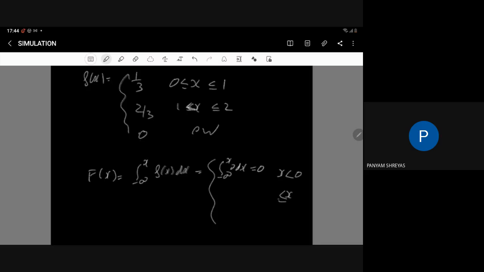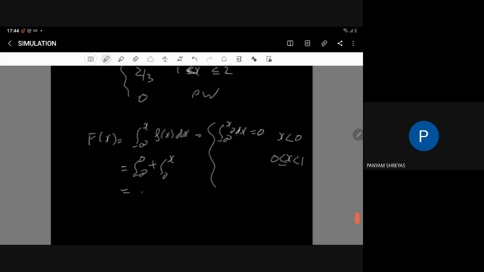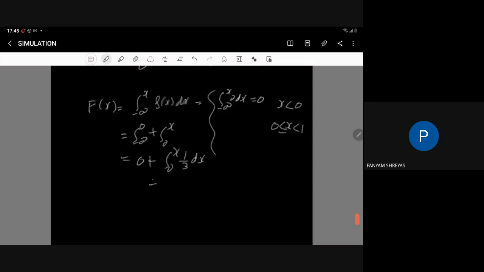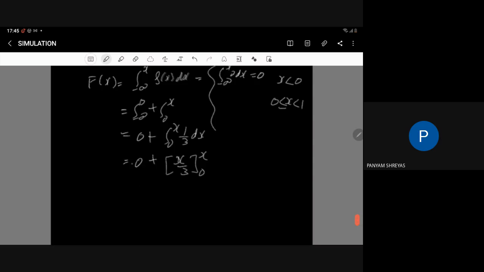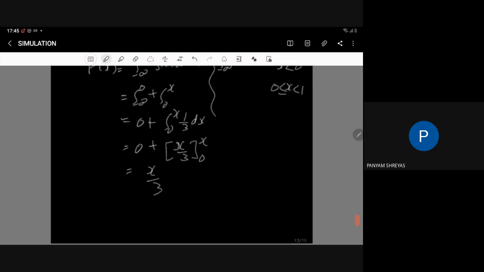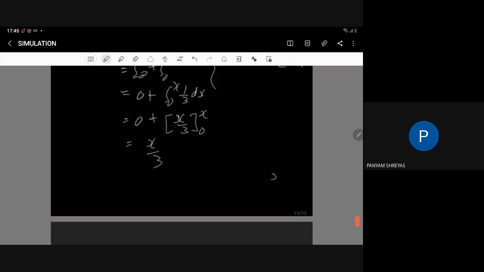For x greater than 0 but less than 1, this will become the integral from minus infinity to 0 plus the integral from 0 to x of 1 by 3 dx, which is 0 plus x by 3. So it will give you x by 3. When we put x equal to 1, it will give you 1 by 3.